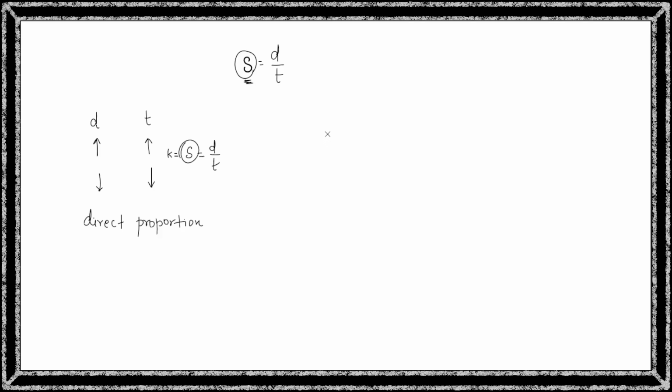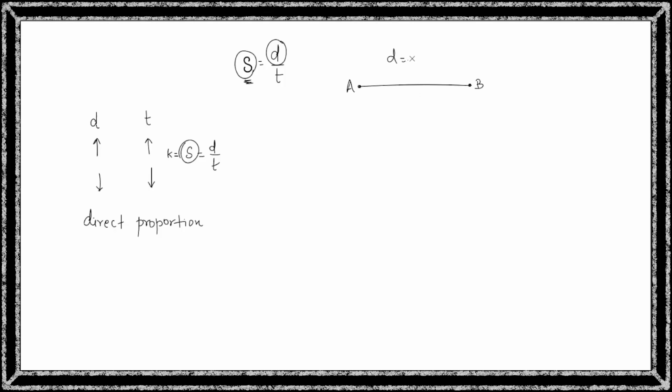Next, coming to inverse proportion. Let us say that I have distance constant. That is, I have a fixed distance from point A to point B. The distance is fixed, right?